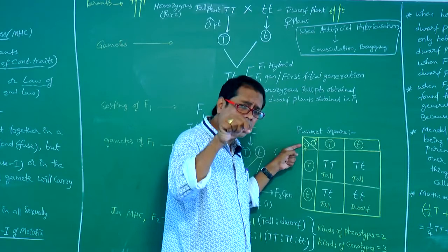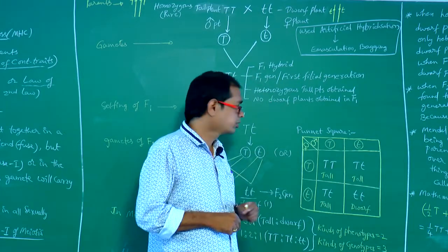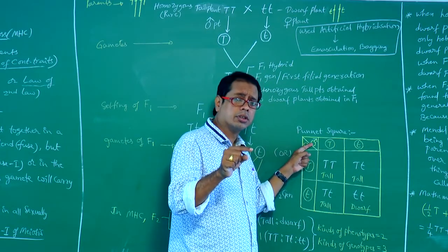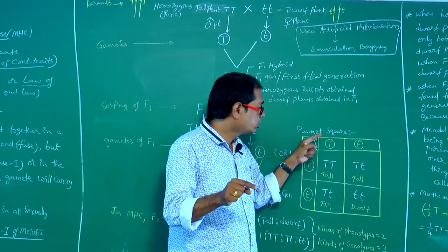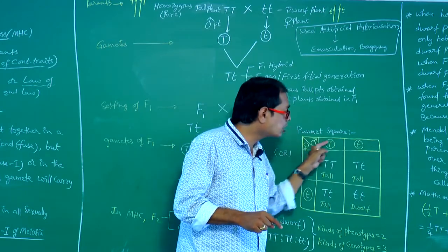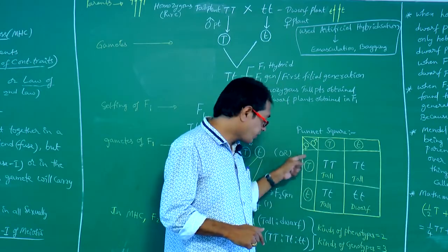Female gametes are at the vertical column. In other words, male gametes are at the upper top column. Female gametes are at the left column.